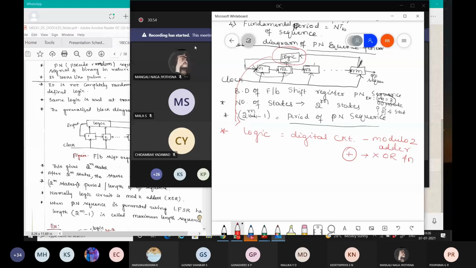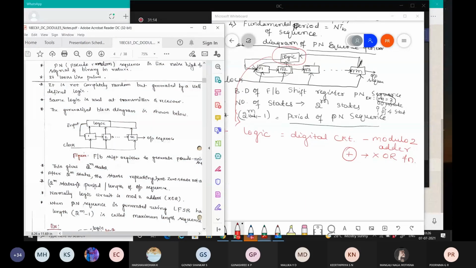So the logic will be in such a way that it will take two outputs from the flip-flops and XOR them, and that XORed output will be the input for the linear shift register.